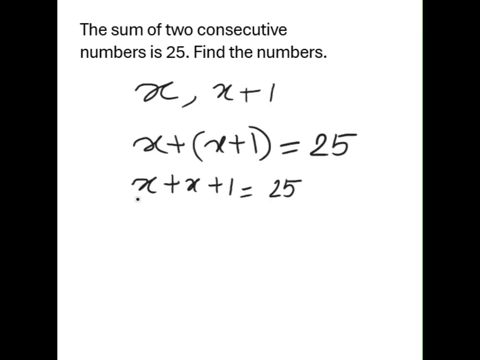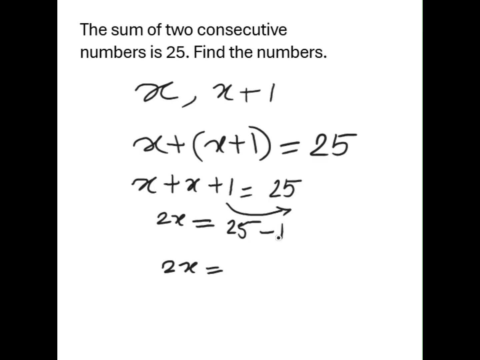So this can be added and we can get 2x, and 1 can be transferred to the other side. Here it is carrying plus sign, so on the other side it will carry minus sign. 2x is equal to 25 minus 1.